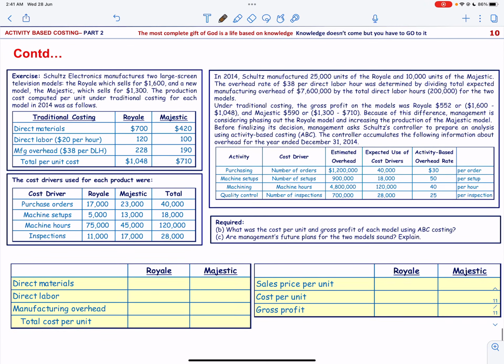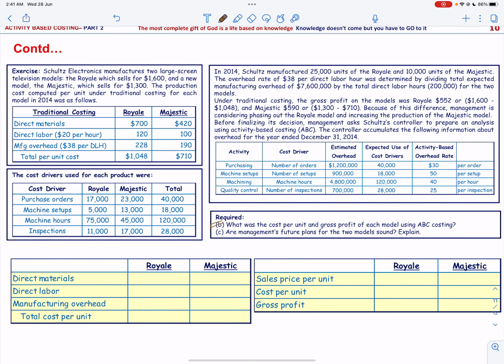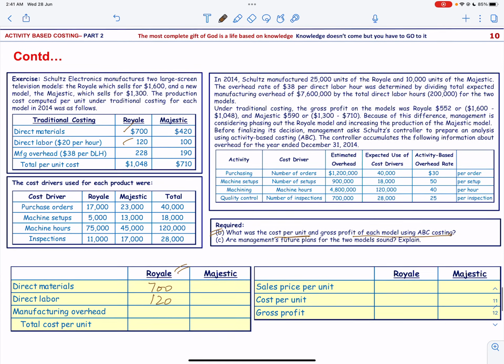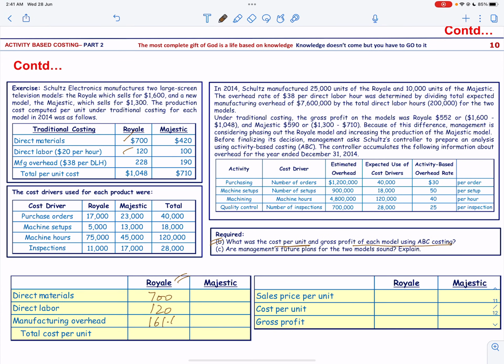And now they ask what was the cost per unit and gross profit of each module using activity based costing. So first of all, we are going to determine for Royal. The direct material for Royal is 700 and the direct labor is 120, and the manufacturing overhead for Royal is 161.40.